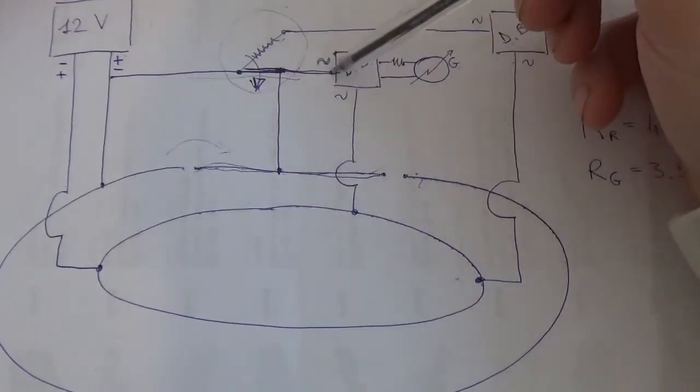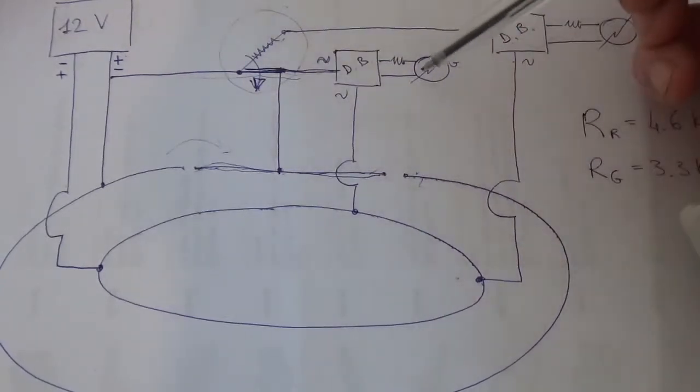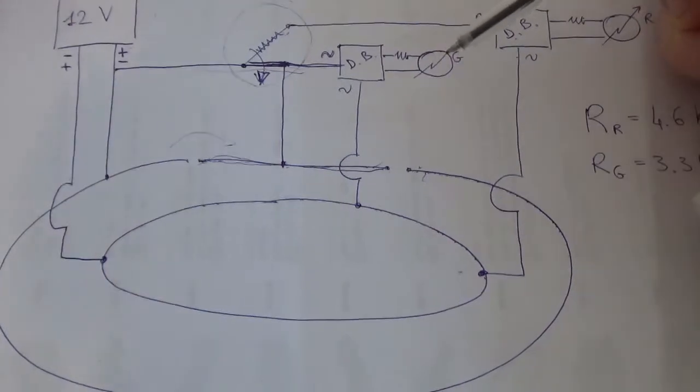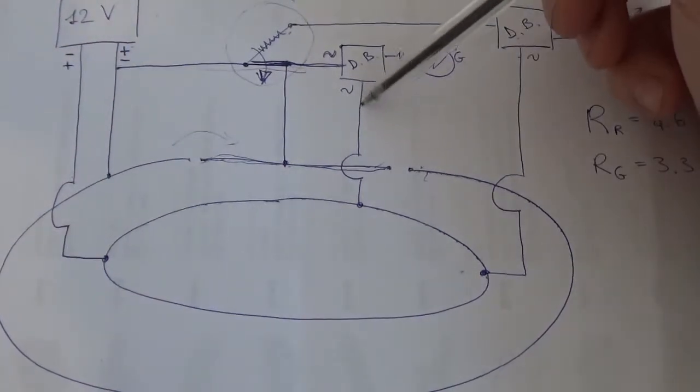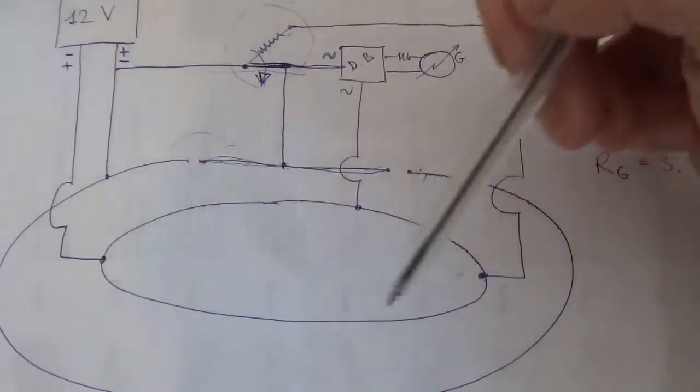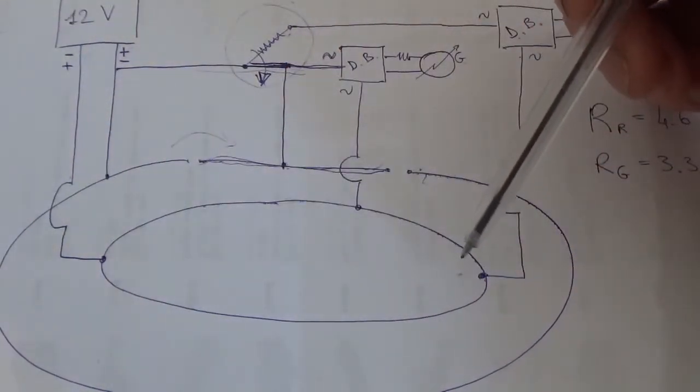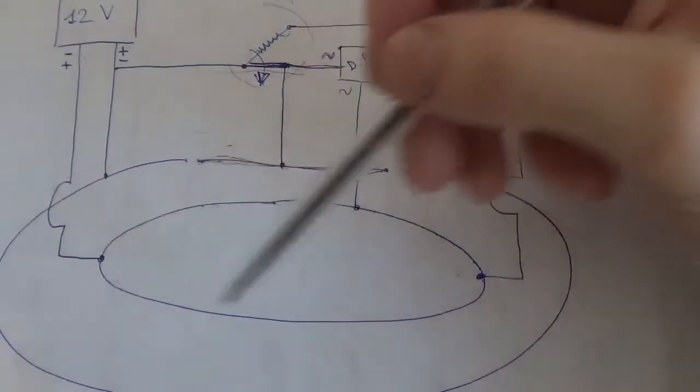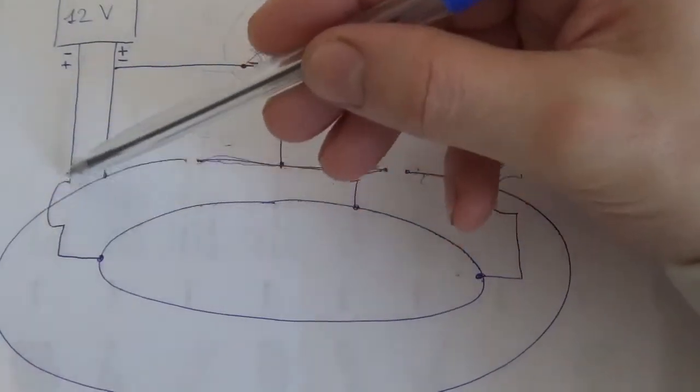Over here it is going to go through the diode bridge that is going to light up the green LED, and then it is going to make its way over here, closing the circuit in this direction.